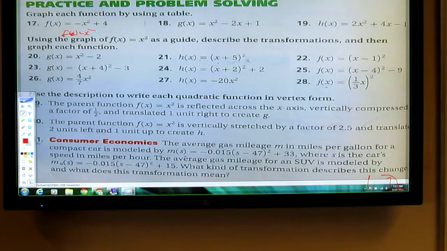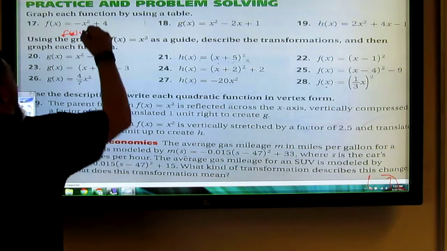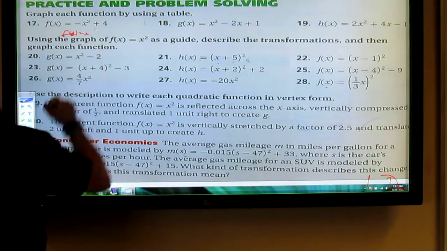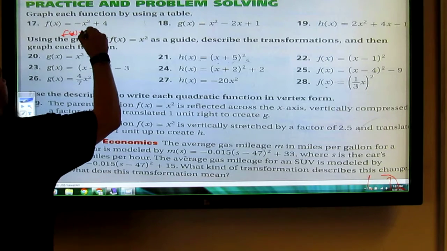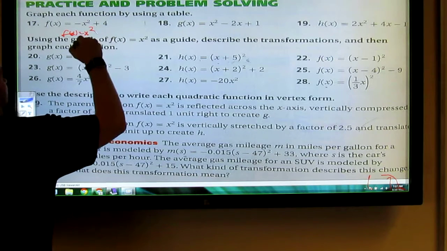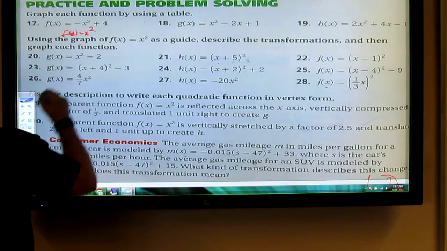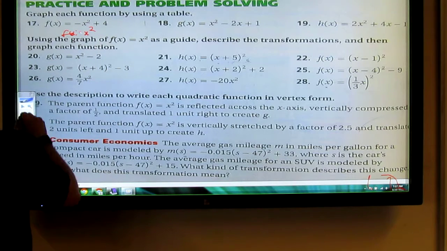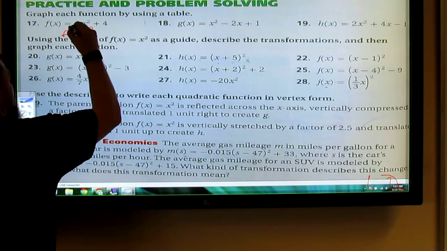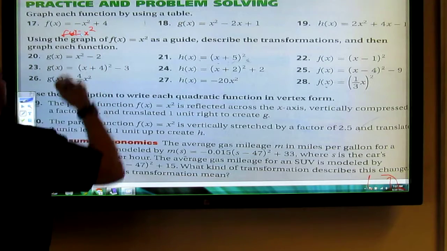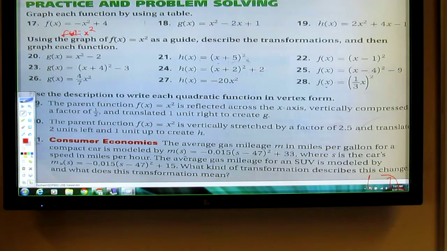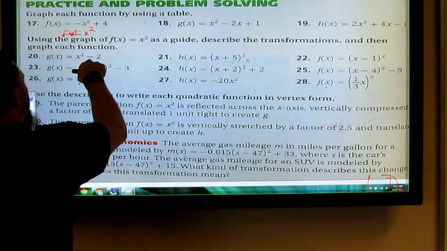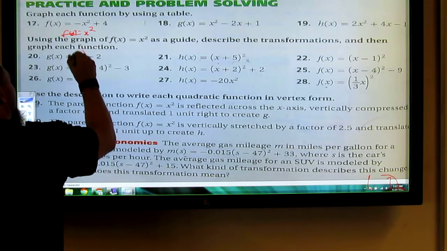Yes? Okay? So, if the parent function is f of x equals x squared, sorry about that, that looks really sloppy, so I want to redo it. That means this is outside of the box.